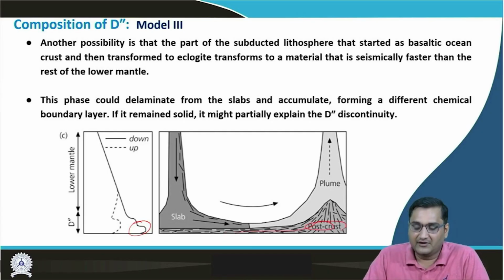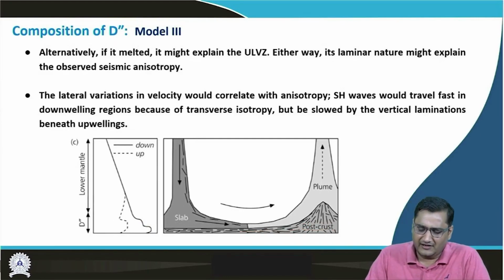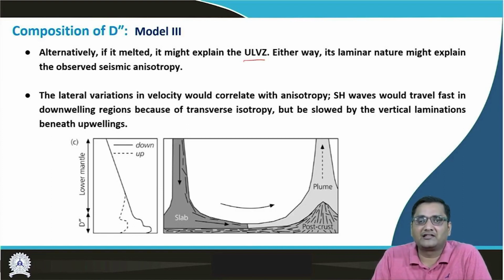And if it remains solid, it might partially explain the D double prime discontinuity. And alternatively, if it is melted, then it will form the ultra low velocity zone. And either way, its laminar nature might explain the observed seismic anisotropy.